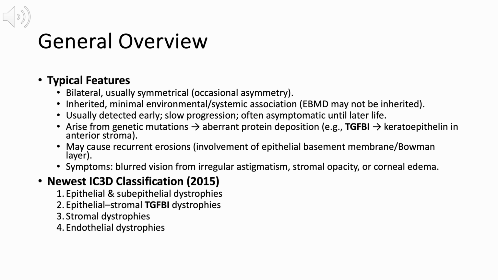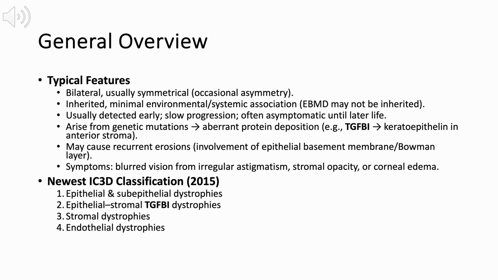Many arise from genetic mutations, such as changes in the TGFBI gene, leading to aberrant protein deposition. For example, keratoepithelin deposition in the anterior stroma. Some dystrophies can cause recurrent corneal erosions, especially when the epithelial basement membrane or Bowman layer is involved. Common symptoms include blurred vision due to irregular astigmatism, stromal opacity, or corneal edema.